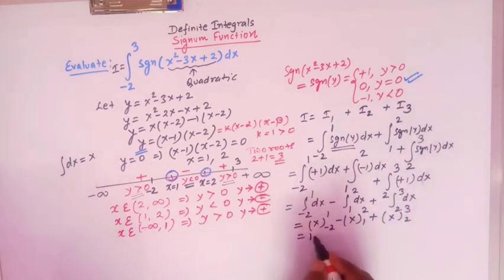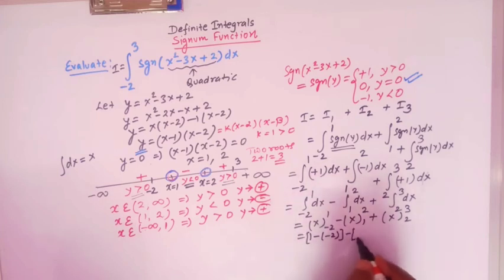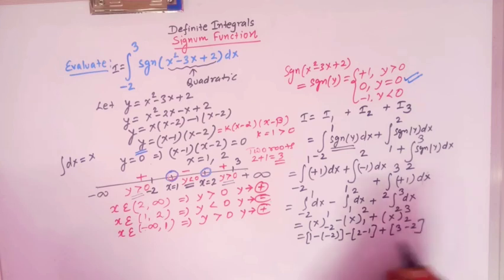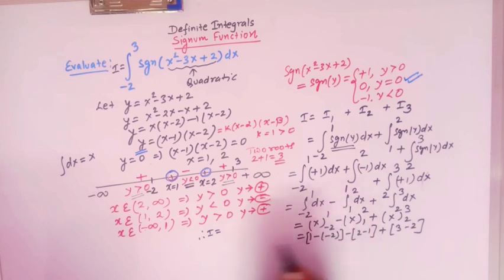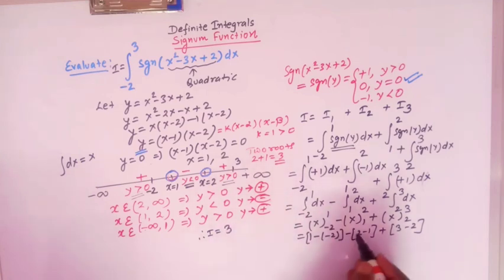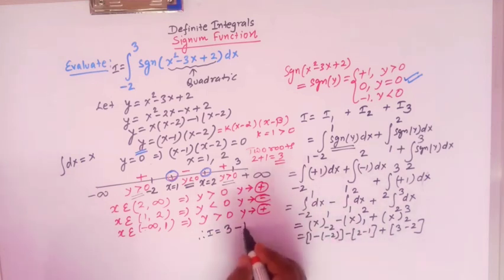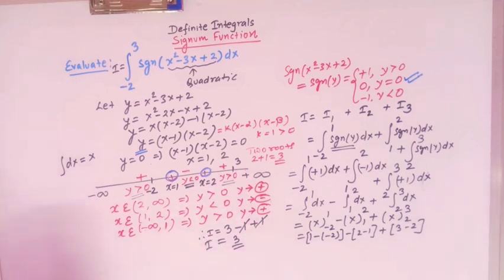And now we have 1 minus minus 2, and here we have 2 minus 1, and here we have 3 minus 2, and therefore I is equal to 1 plus 2, which is 3, minus 2 minus 1, which is 1, plus 3 minus 2, which is 1, right? So this and this get cancelled, so we are left with only 3. So the value of this integral is 3.